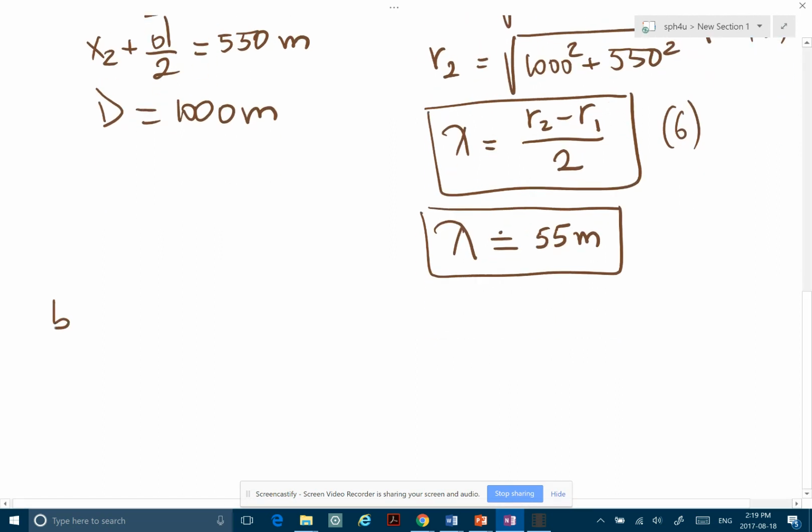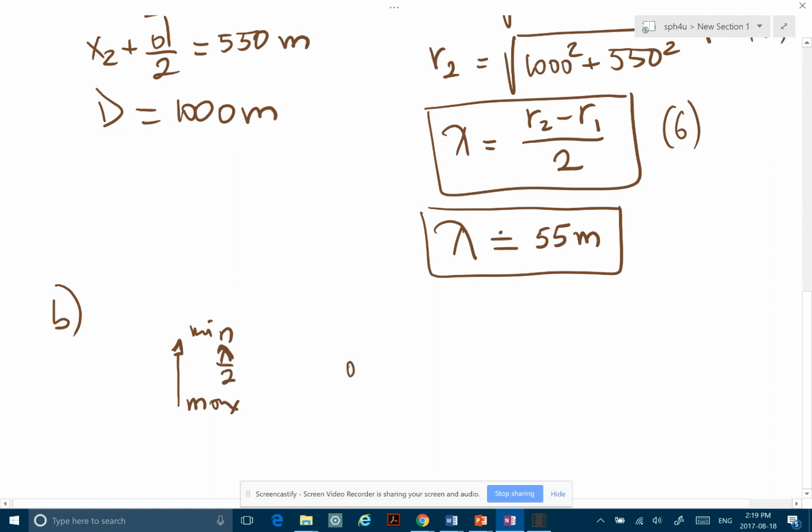So to answer the question, how far does a car have to travel to find the next minimum? So remember, this is the maximum, the next one is the minimum. The distance between them is actually half of the wavelength roughly.